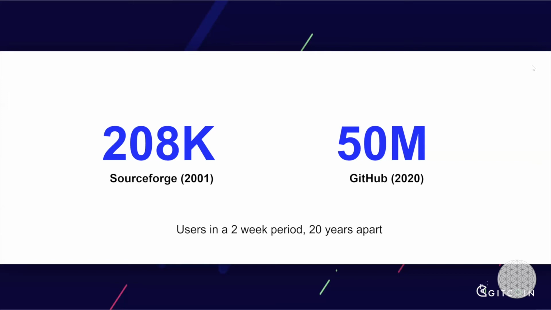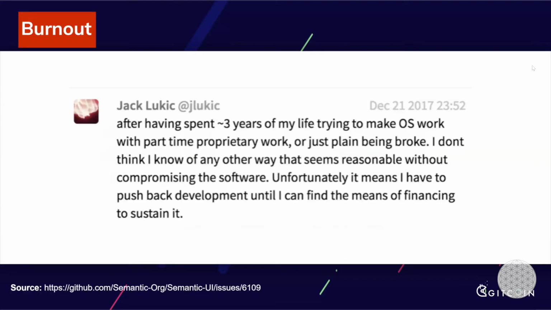And that's just within a 20-year span. And obviously that has an impact on the amount of work that maintainers need to do. And so the question is, how do you, as a maintainer, balance the amount of work that you need to do with what you're getting paid to do it and with your needs as an individual?